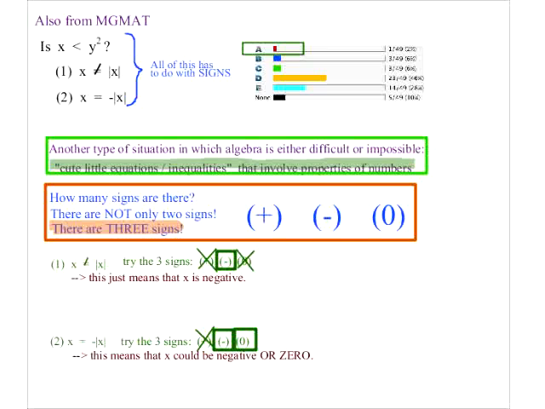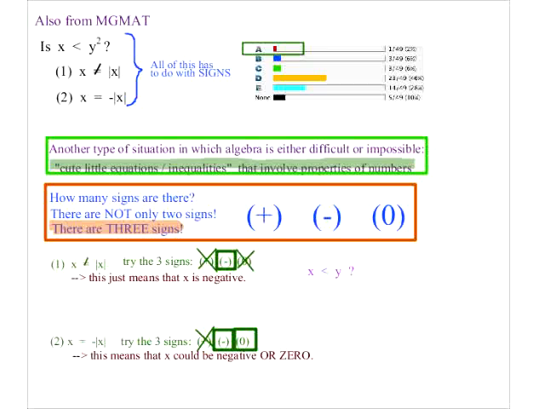So now let's examine the statements. We don't know anything about y, but someone tell me a fact. Remember, there are 3 signs, not 2. Someone tell me a fact about y squared in the text box. Even if we know nothing about y, what do we know about it?